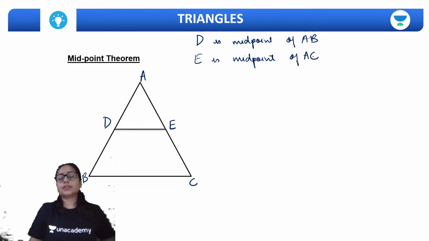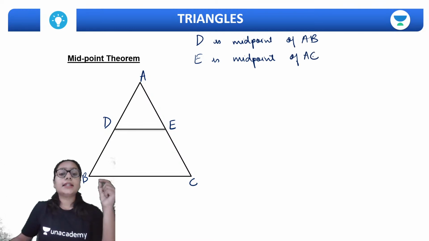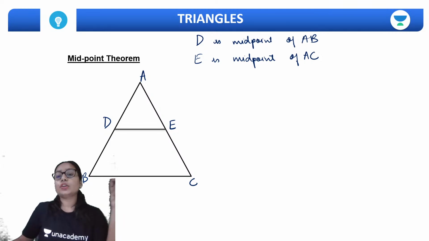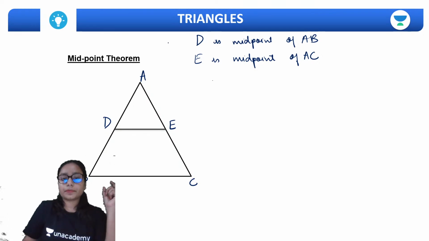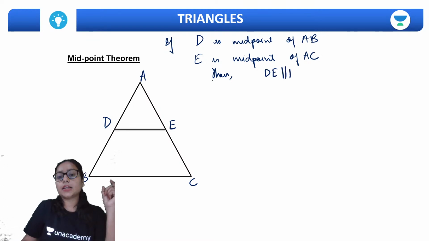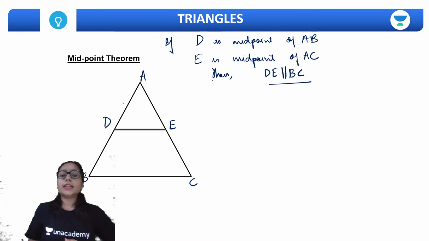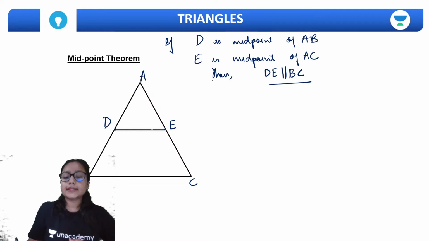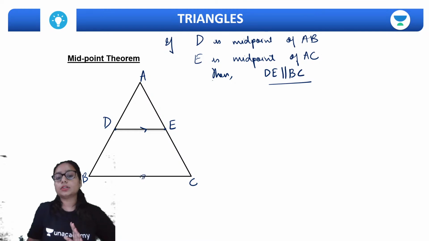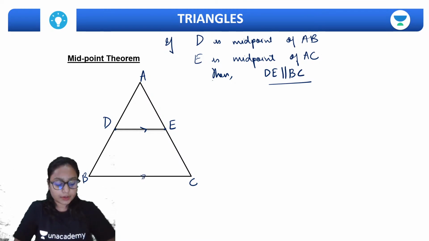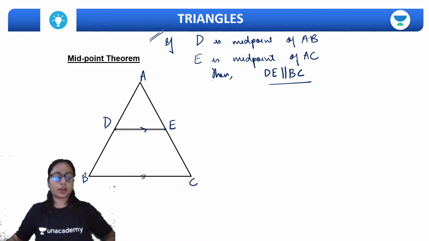Then the line joining the midpoints of two sides is always parallel to the third side. If this is there, then DE will be parallel to BC. Is this clear? The line joining the midpoints of two sides is always parallel to the third side. Yes, all of you please confirm if the midpoint theorem is clear.